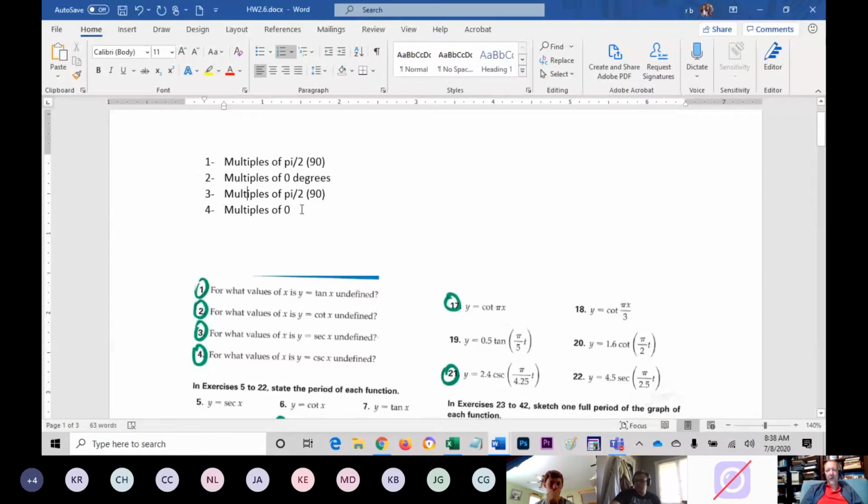Maybe I should put 0 or 180. Or pi, if we're using radians, these are all pi. 0 or pi. What other questions do you guys have?